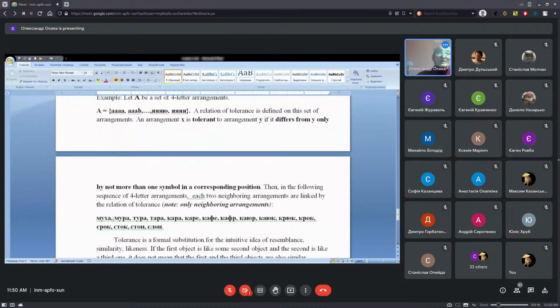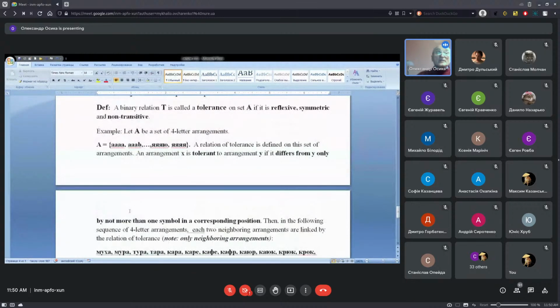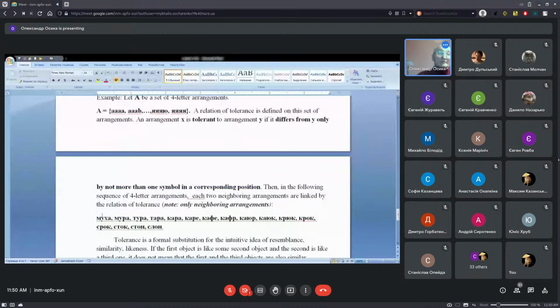This is tolerant to this. This is, of course, tolerant, symmetric, reflexive, because not more. But here, yes, Mucha is tolerant to Mucha because not more positions differ, 0 positions differ.